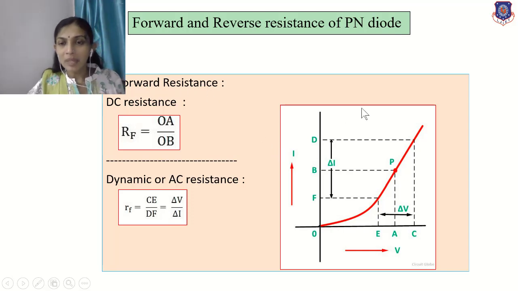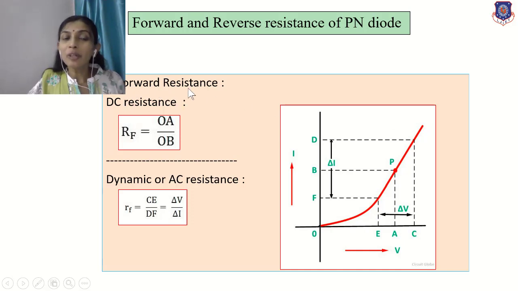See, this is the main diagram of the characteristic in the forward region only. Initially, very small current flows, almost zero. After 0.7, let's consider the ideal characteristic for silicon. After 0.7 or point E from this graph, look at this, your current starts to flow or increase.